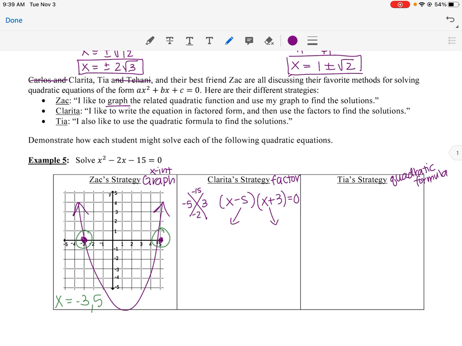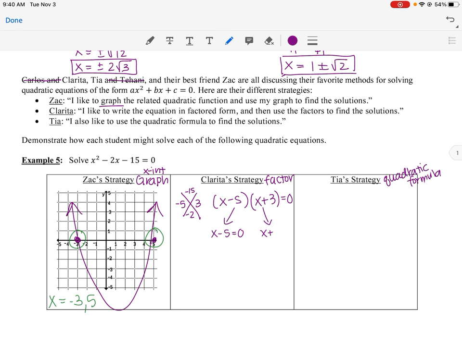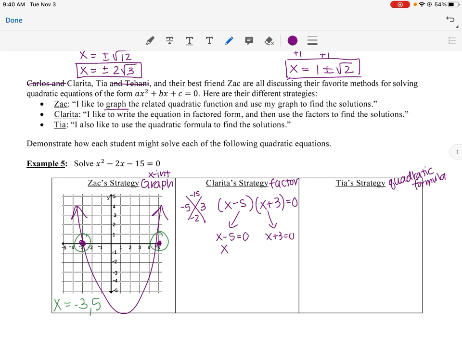And remember, using the zero product property, it means that either x minus 5 equals 0 or x plus 3 equals 0. So x equals, as you add 5 to both sides, x equals 5. As you subtract 3 from both sides, x equals -3. So notice we got the same two x-intercepts.